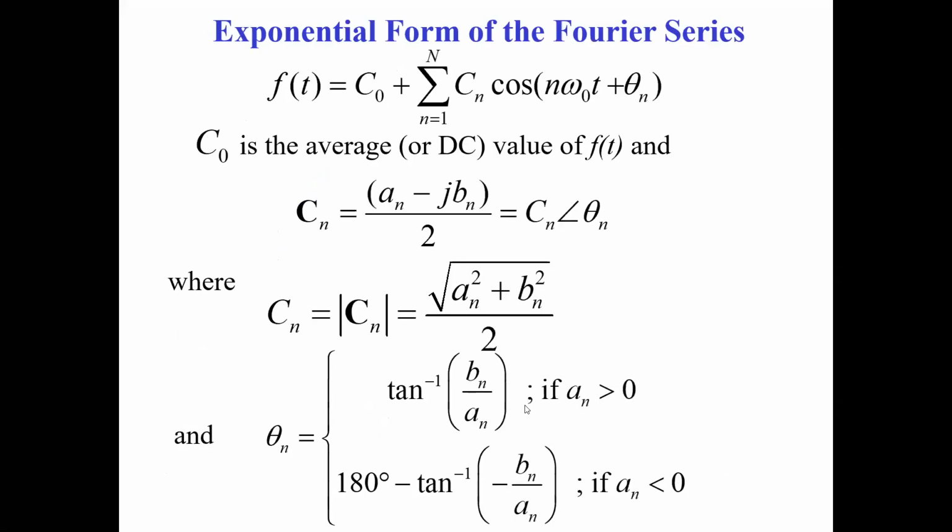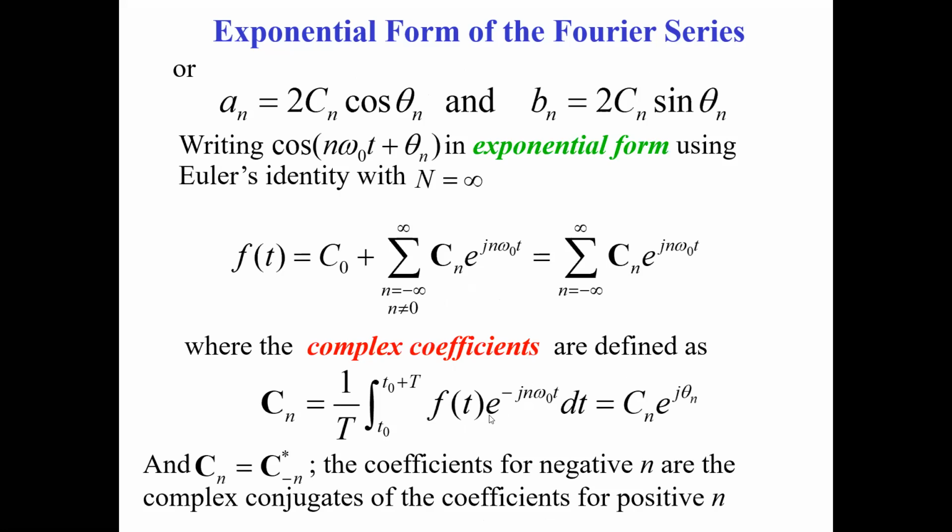Like this. So the exponential form of the Fourier series, that is the Fourier series. C naught is the average or DC value of f(t). Cn, this is the equation, and theta n, the equation of theta n. So an is equal to 2 Cn cos theta n, and bn is equal to 2 Cn sin theta n. So cos(n omega naught t plus theta n) in exponential form using Euler identity.